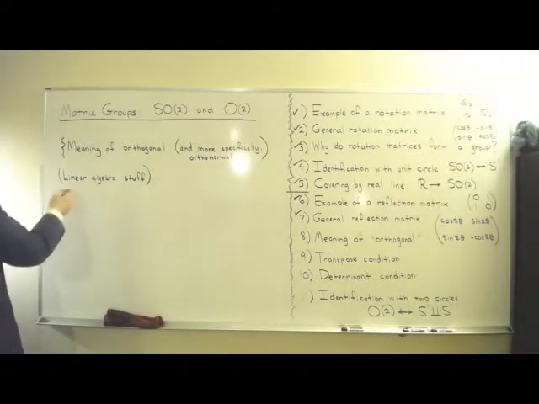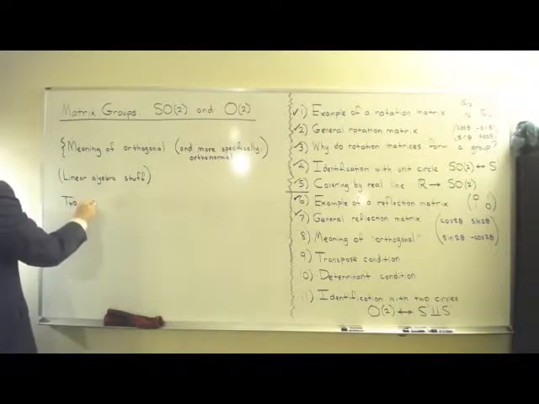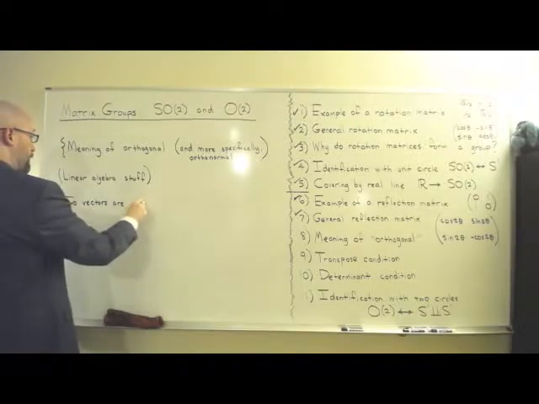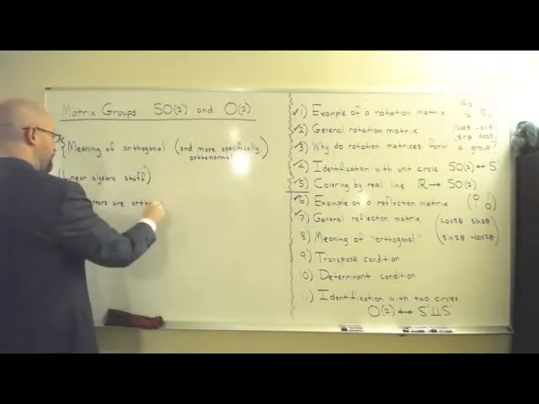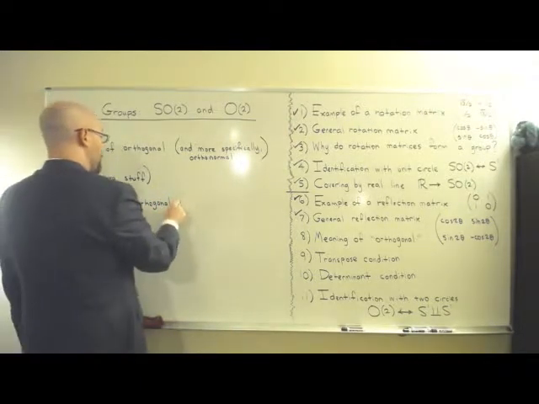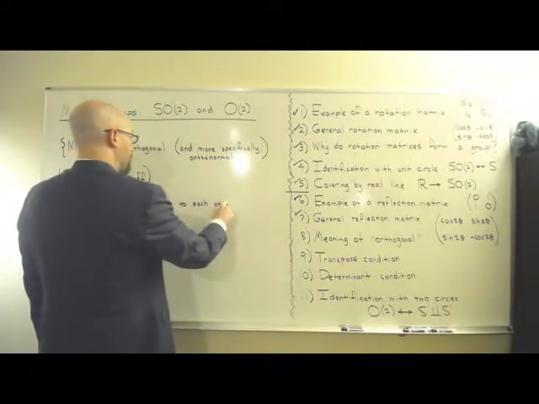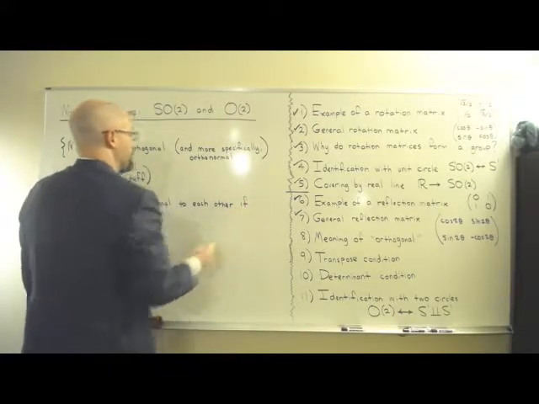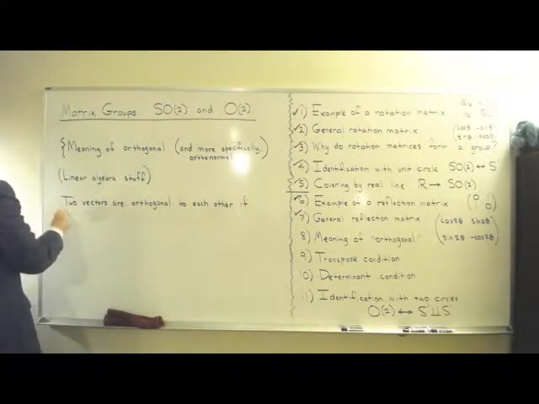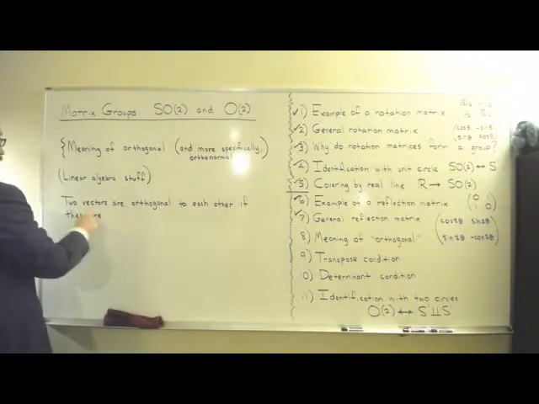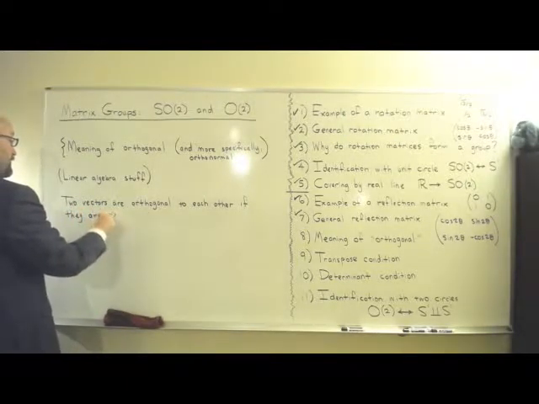So, two vectors are orthogonal to each other if they are perpendicular. So this is a synonym. Orthogonal is a synonym for perpendicular.